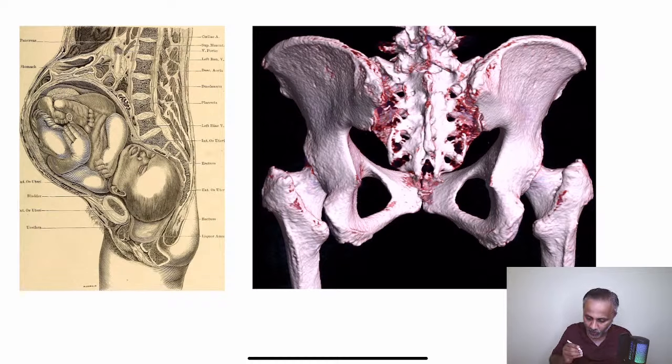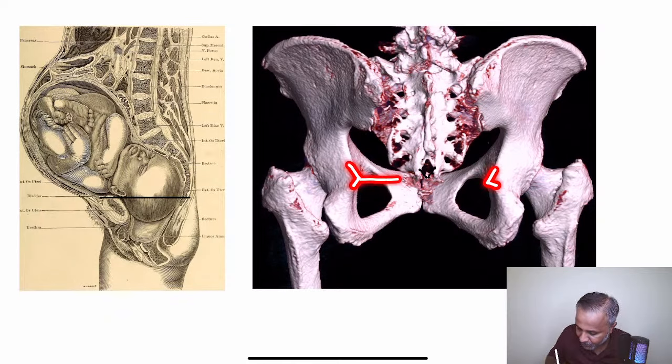Right. Now, one more thing I want you to remember here, as I said, the pubic symphysis and the tip of the coccyx lie in the same plane. Right. So, if here you have the tip of the coccyx, here you have the upper margin of the pubic symphysis, they are lying in the same plane. And the same holds good for this ischial spine.